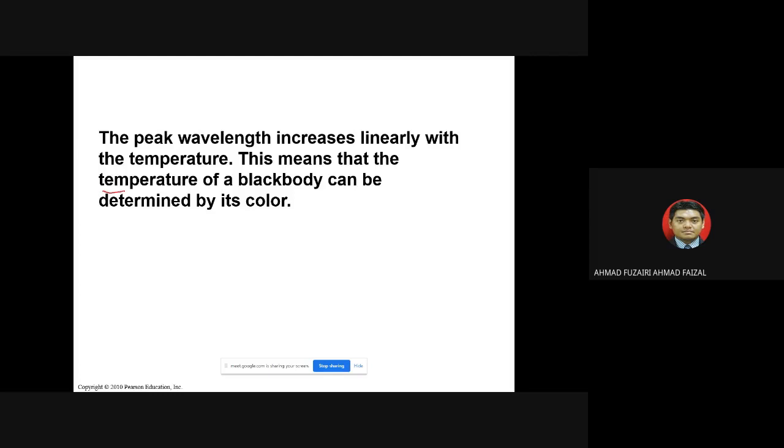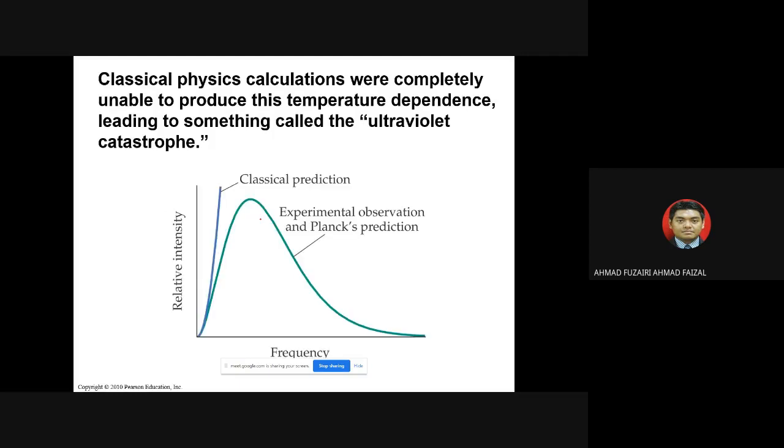So the color is determined by the temperature, or the temperature of the black body can be determined by its color. When you look at things that glow differently, from yellow, from green, from blue, in physics it depends on the temperature. The temperature and the color itself will give a different value of temperature.